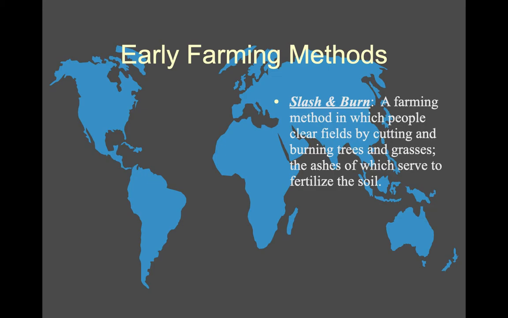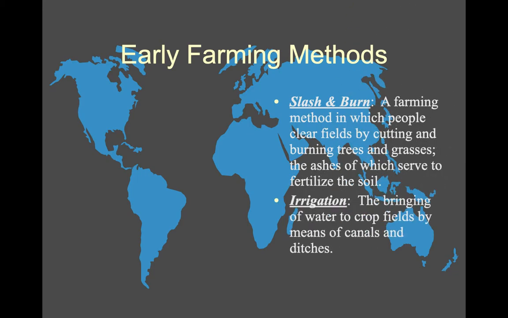So people would clear the fields by cutting down and burning trees and grasses. And this actually helped to fertilize the soil because the ashes that were left over made the soil more rich so that crops would grow.